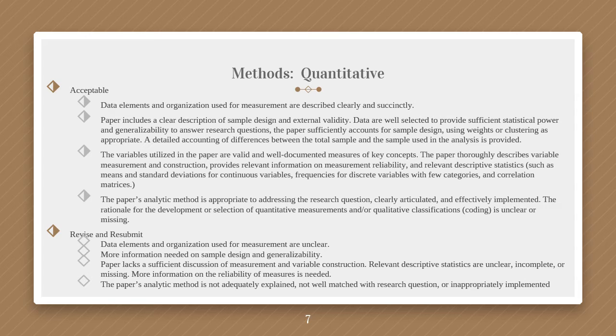So for example, you provide information about recruitment, statistical power, and if the sample size differed for those that you recruited, those that agreed to participate, and those who completed your study, you'll provide an accounting of that. If it's an intervention study comparing treatment and control, you're going to want to provide information about whether or not there's differential attrition.